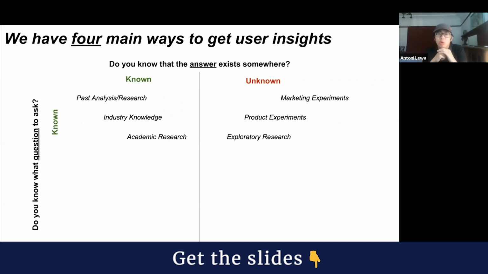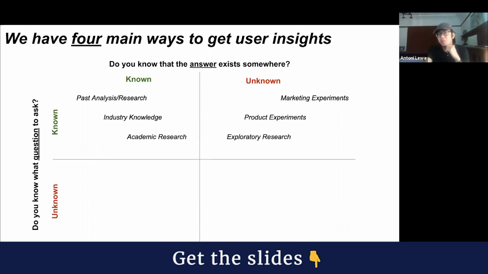Or even do what we call exploratory research with the user research team, where you ask, tell me about a time when you did this, or tell me what you think about when you do this, what you feel when you do this. It's very open-ended, and you will uncover more unknown things from there.